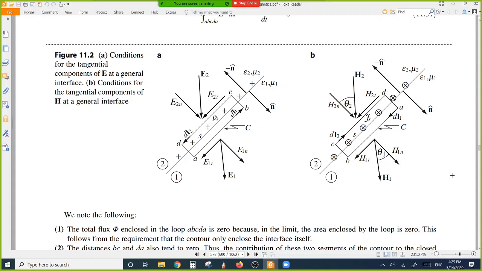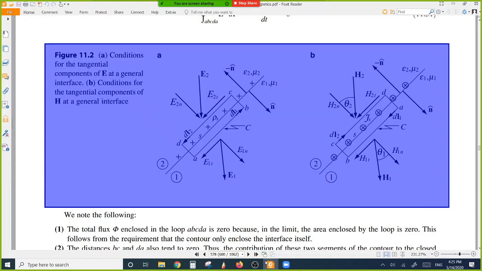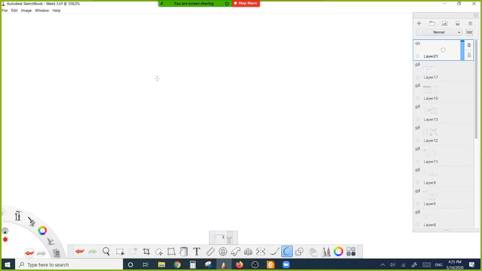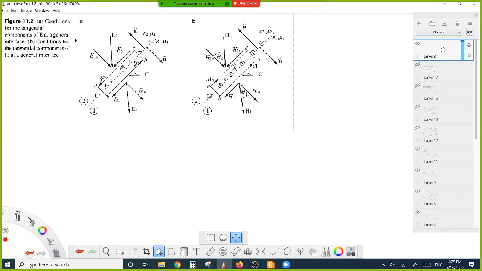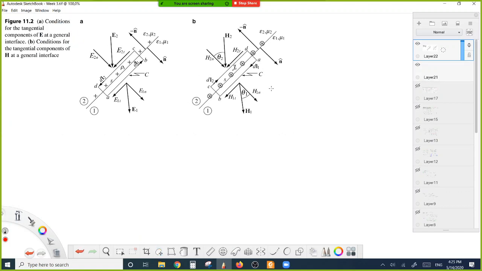So first, to derive the interface conditions, we assume two different materials with properties as shown in figure A.